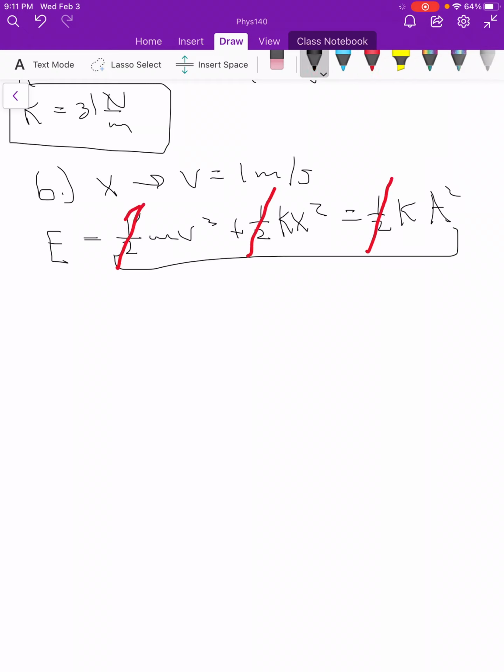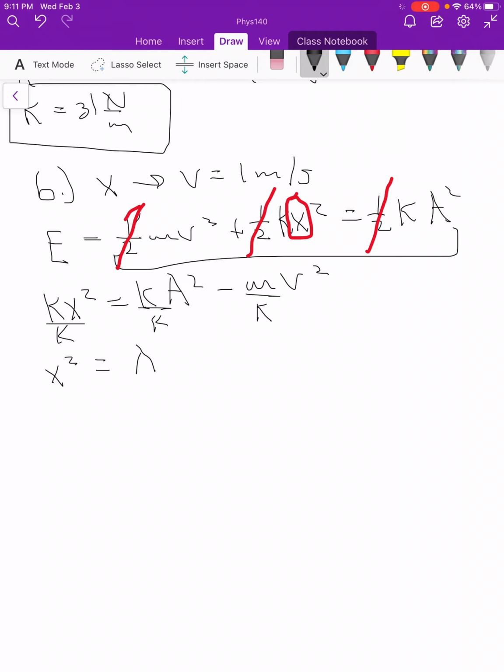What I want to do is solve for x, so I need to get x alone. I'm going to subtract the mv squared and bring it over to the other side. So I have k x squared is equal to k a squared minus m v squared. And now I want to divide through by k. And I have x squared is equal to a squared minus m over k v squared.